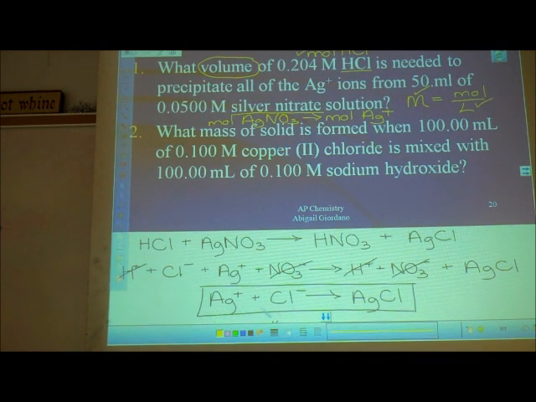Yes or no? No. What did HCl turn into? I'm going to draw the arrow going the other way. I have moles of Ag plus at the moment. If I can get to moles of Cl minus, I can get to this, which means I can get to that.